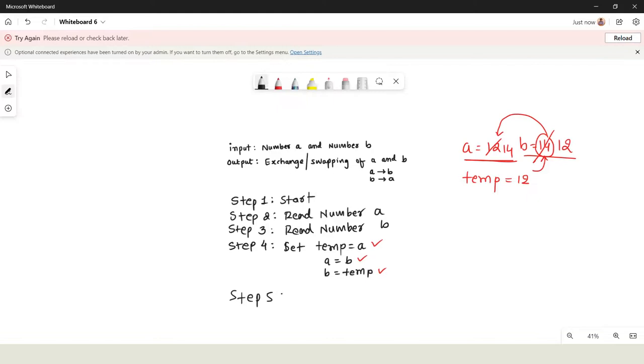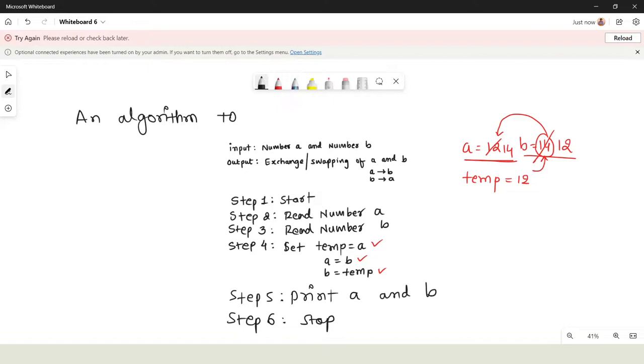Step 5, print A and B. Step 6, stop. Okay, so this is the solution of an algorithm to exchange two numbers, or you can say swap two numbers.